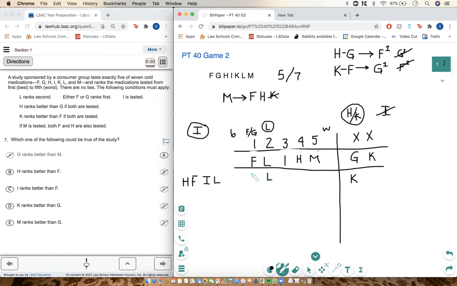We can put F first. But I take that back. We're trying to put H and F, so let's put H here and F. H is ranking higher than F. That means that G has to be going here. Can G go here if we already have H? No, because then H has to show up before G. So this also will not work.